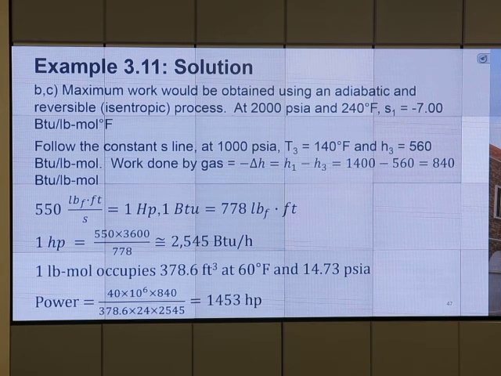For work, we have 2000, and that is the temperature. So we follow the constant S line, or just drop vertically. Do some unit conversion and we say that expansion of gas can give us 1,400 horsepower.